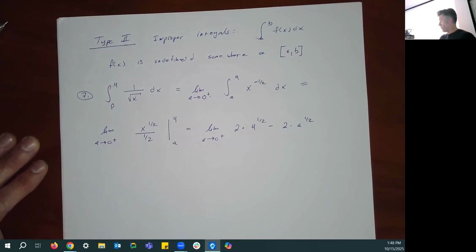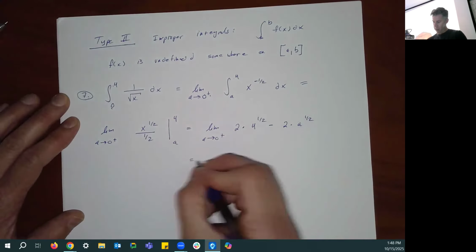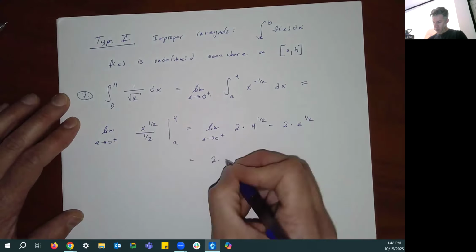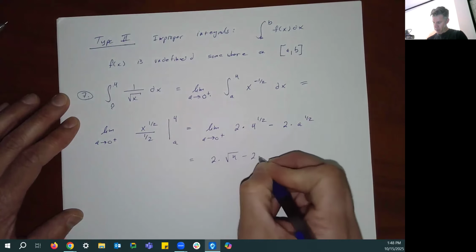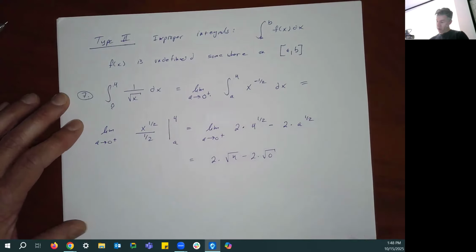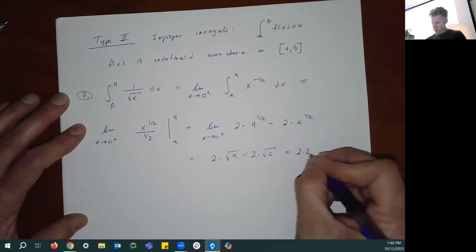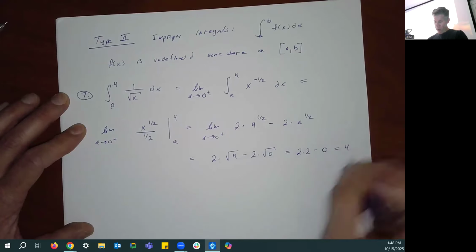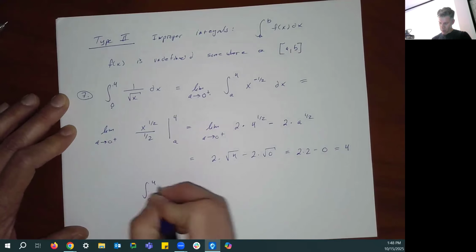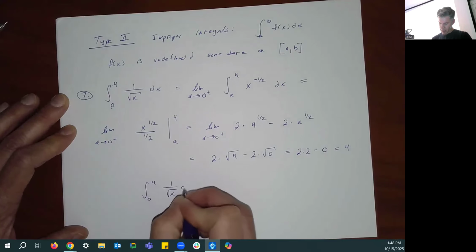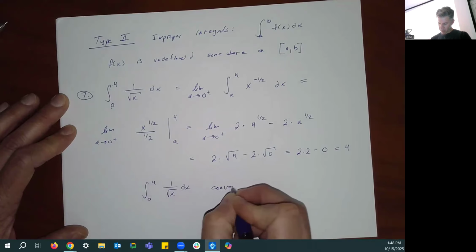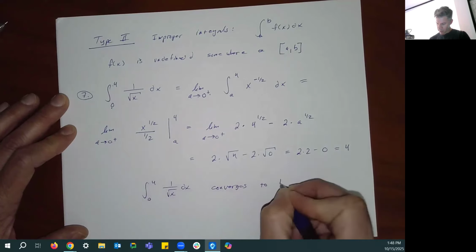Then we plug in 0 for a, so we get 2 times the square root of 4 minus 2 times the square root of 0. Square root of 0 is 0, so this thing definitely converges. We get 2 times 2 minus 0, which is equal to 4. So this integral from 0 to 4 of 1 over the square root of x dx converges to 4.